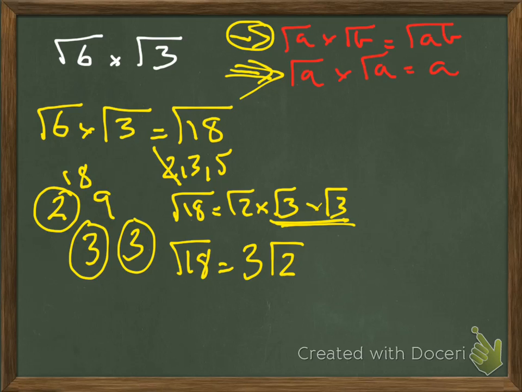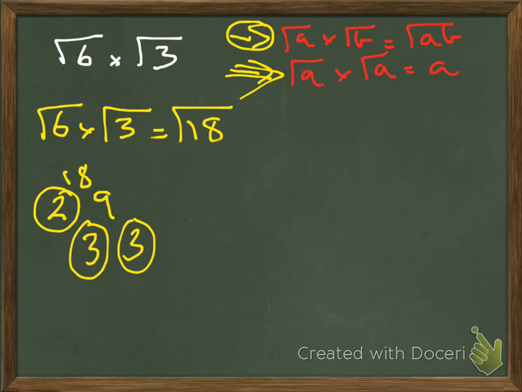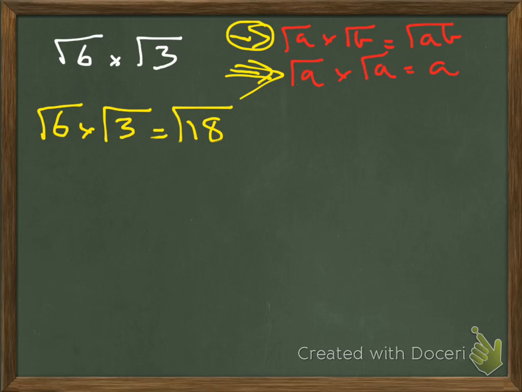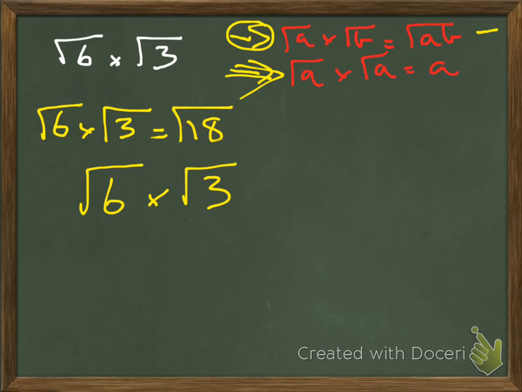The other way I could have done it was to look at root 6 times root 3 and use this rule straight away and look at root 6.